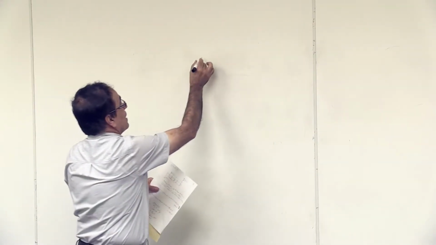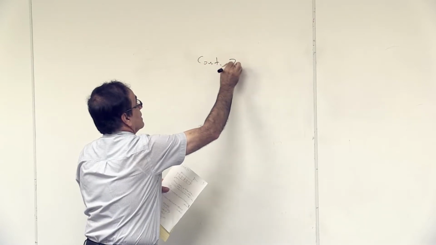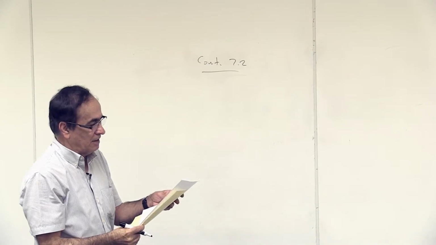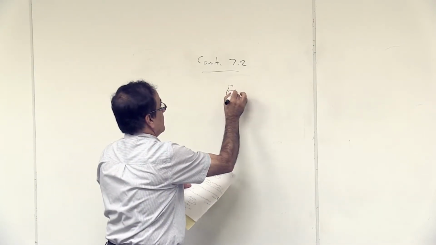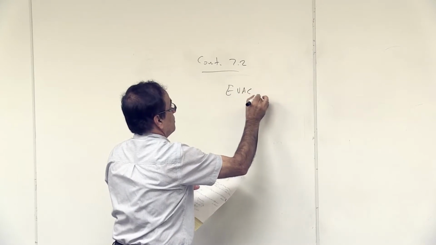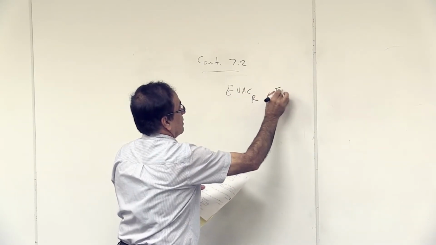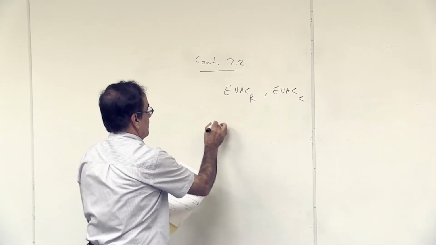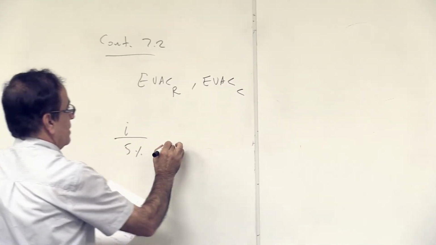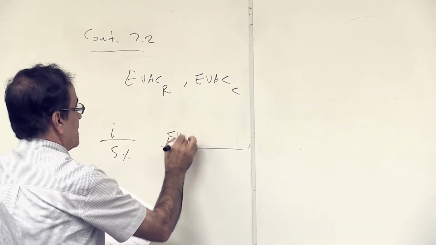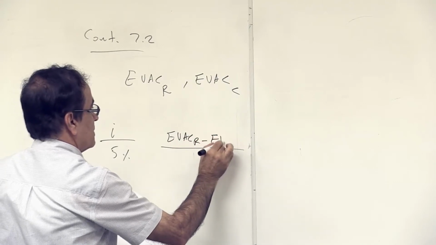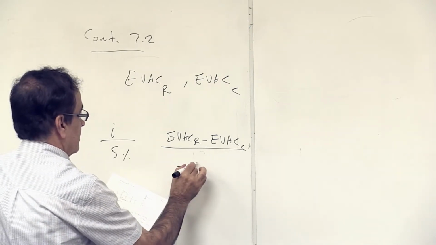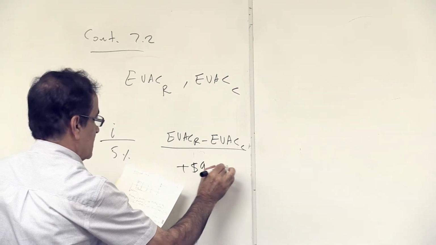A continuation of example 7.2. We tried two different interest rates and found the EUAC for revenue and the cost. For i equals 5%, the EUAC for revenue minus the EUAC for cost was a positive $90.02.